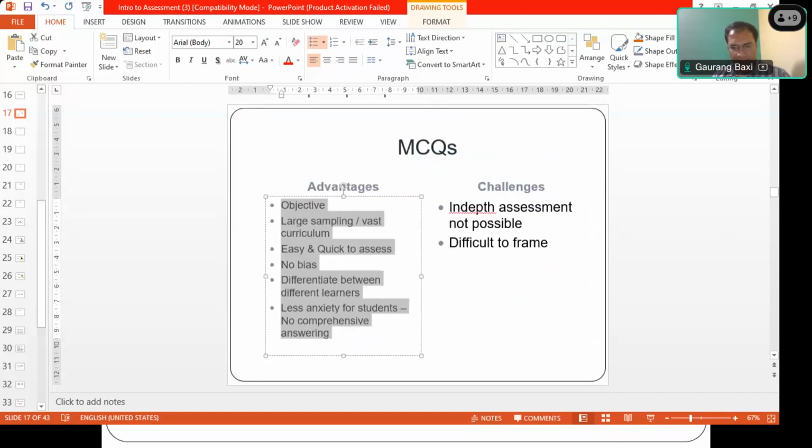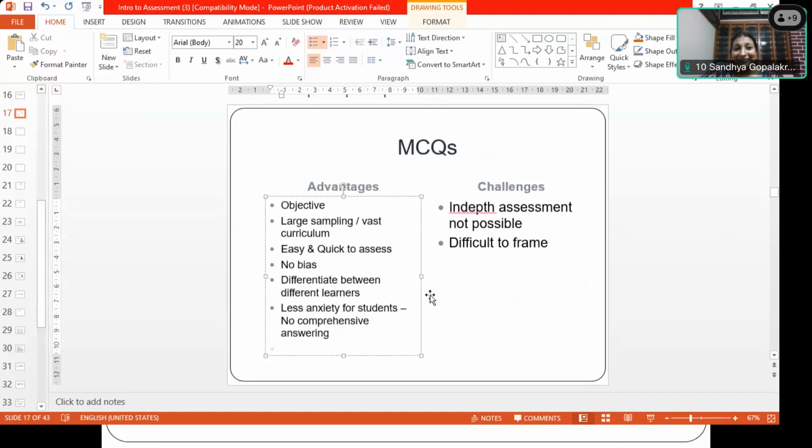Sir, I beg to disagree. Because MCQ students preparing for entrance exams are really tensed. Ma'am, are they tense because of the exam or because of the MCQ per se? They're anxious about the result. Yes.